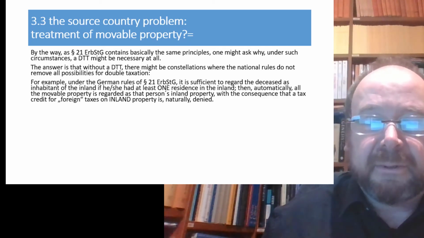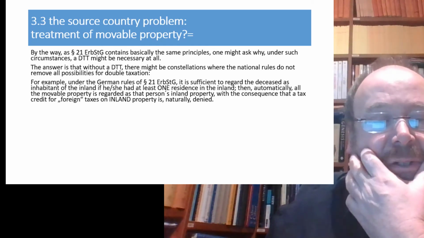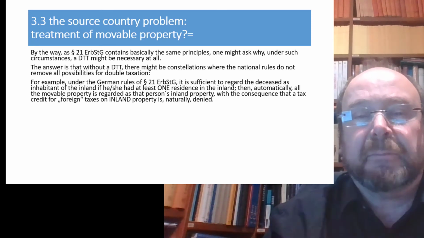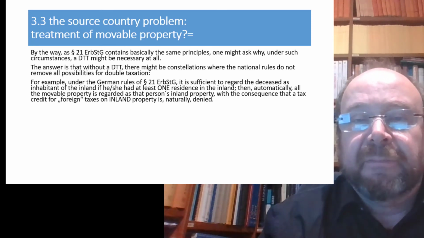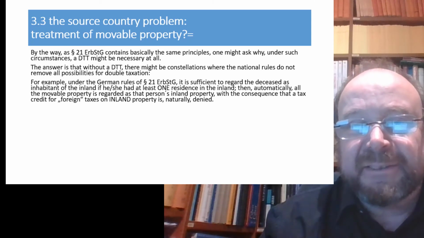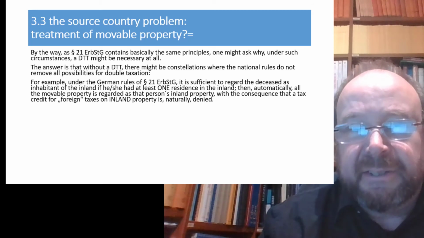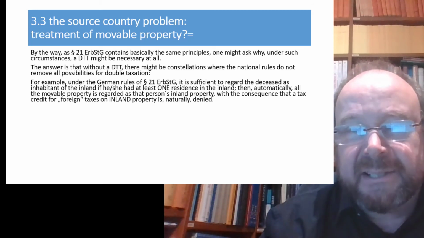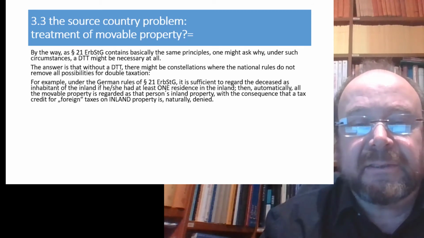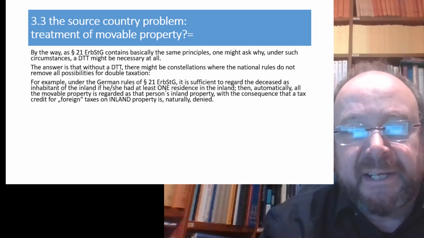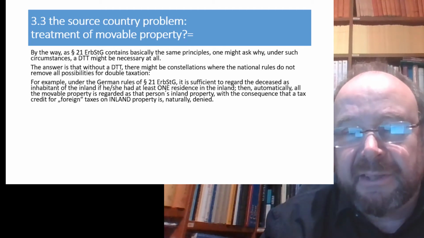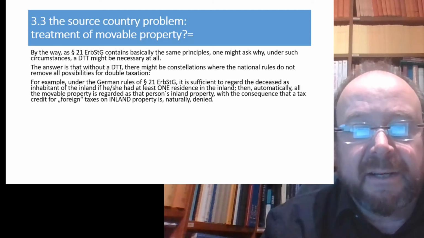For example, it might be that somebody is regarded as an inhabitant of the inland by Germany. That happens if you have at least one residence in the inland. Now imagine another state has exactly the same rules in force. If you have also one residence there, then they will also regard the deceased as resident there.